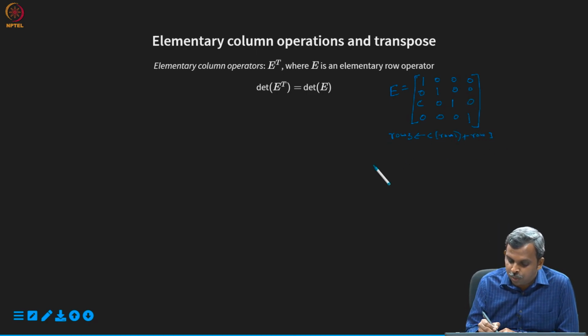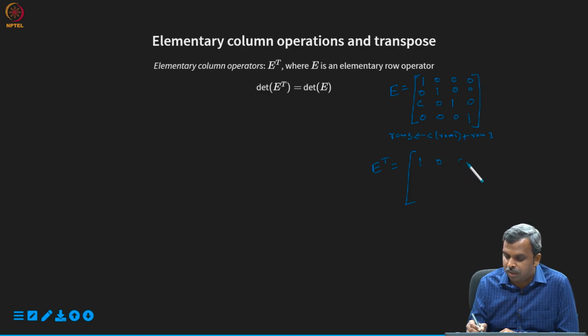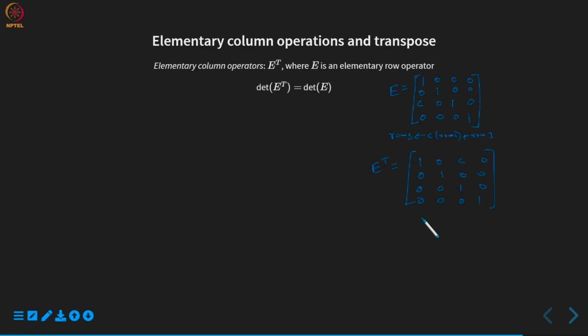If you look at the transpose of it, E transpose, the C would go there, right? So you get 1 0 C 0, 0 1 0 0, everything else remains the same, 0 0 1 0, 0 0 0 1. So this represents column 3 being C times column 1 plus column 3.